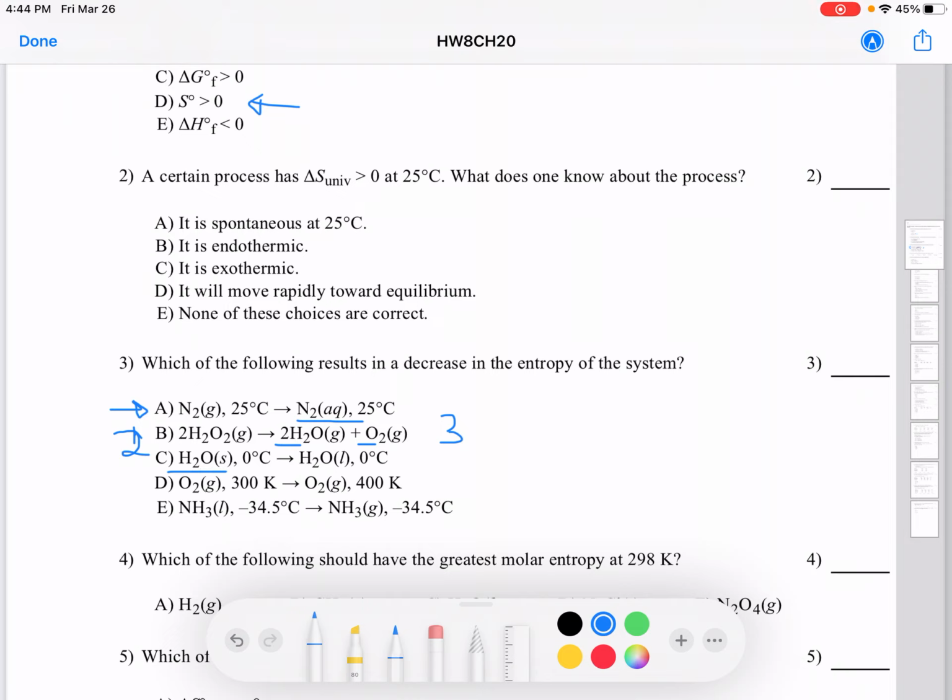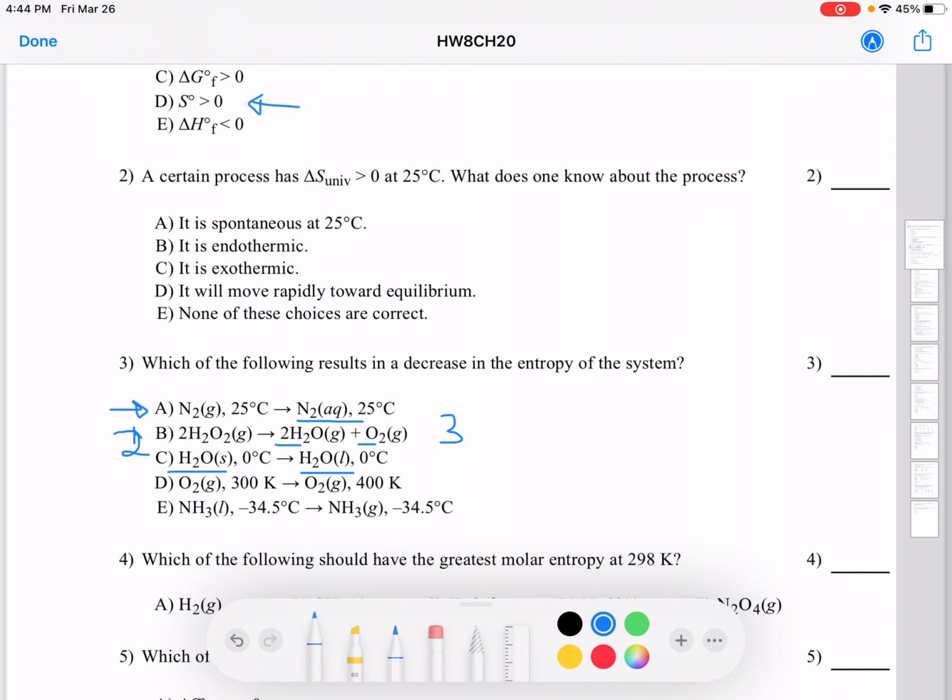C, solid water to liquid water. The solid has molecules very closely packed, whereas in liquid water they are moving, so it has more degrees of freedom of rotation. So the third one also increases the entropy.